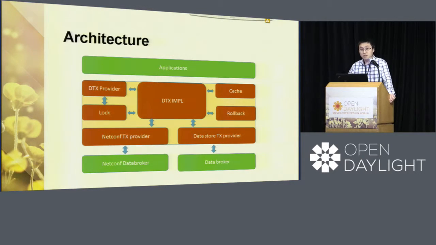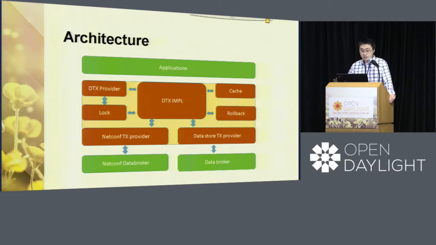The application needs to wire the service in, so it can get the distributed transaction instance. Once the application gets the service, the provider will lock all the devices that the application will operate on. This is because the transactions are exclusive.